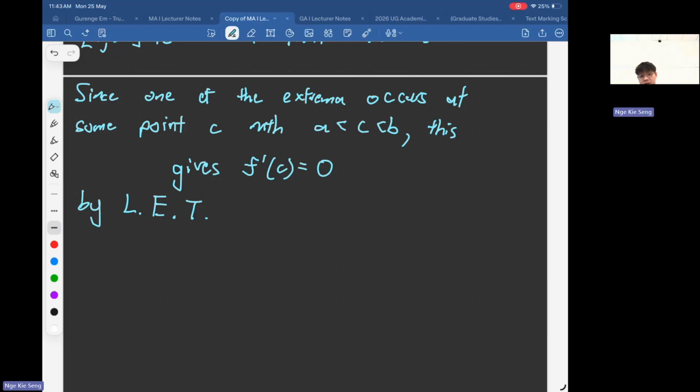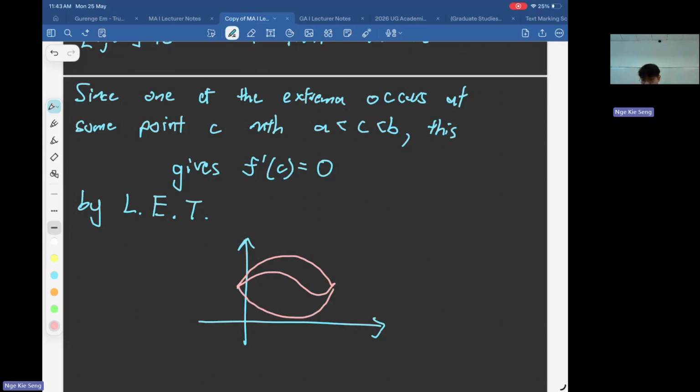So the picture, maybe some generic picture could look like this, or maybe like this. So you could have this kind of case, or a different case like this. These are the c between a and b.